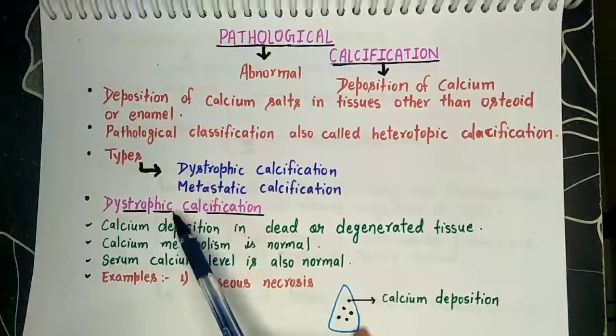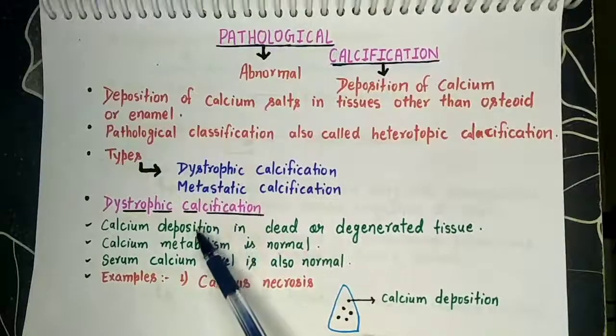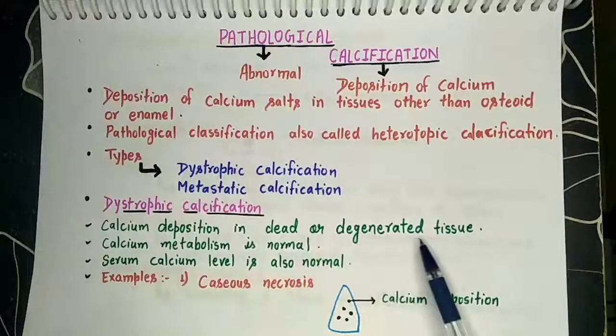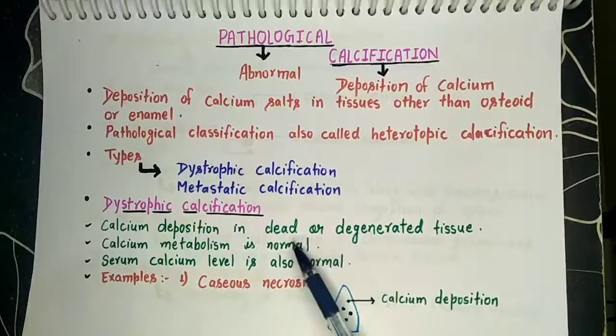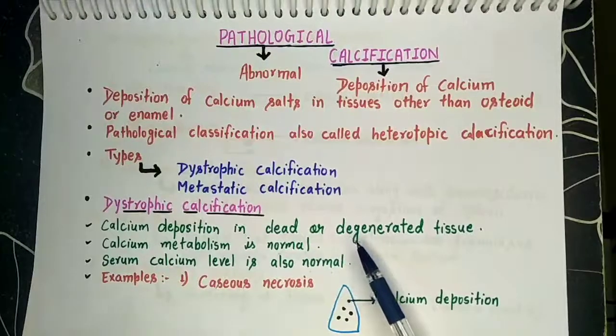First, let's discuss dystrophic calcification. In case of dystrophic calcification, calcium deposition occurs in dead and degenerated tissue. That means calcium deposition occurs only in the necrosed tissue, only in those tissues that are degenerated, dead and already necrosed.